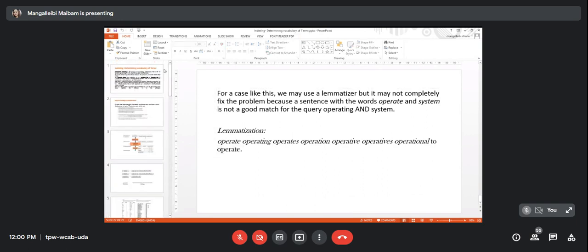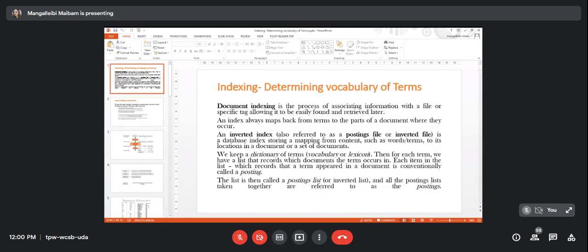So once again, let me briefly go over the chapter topic of indexing, inverted indexing. Inverted indexing is nothing but constructing an inverted file which has the locations of the text in the document or the set of documents.